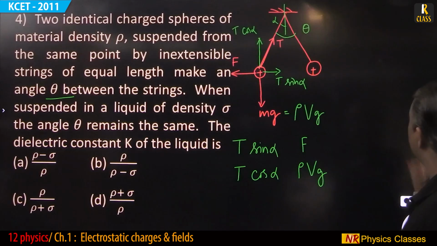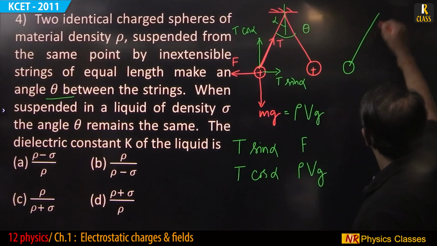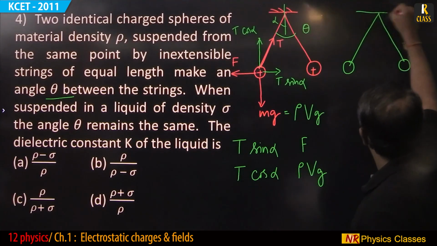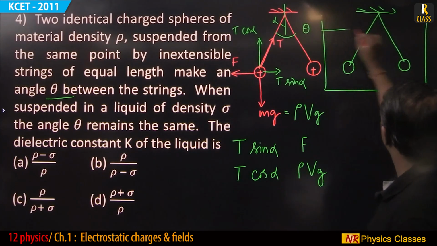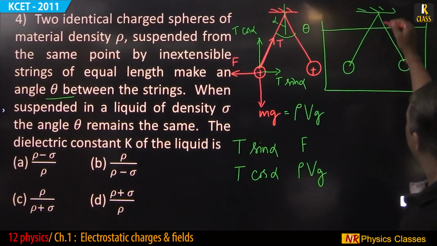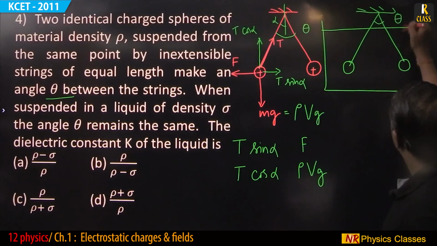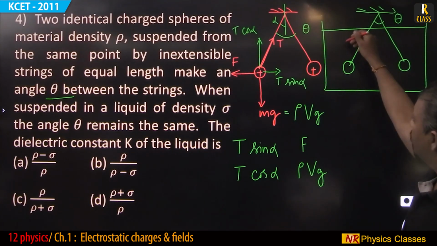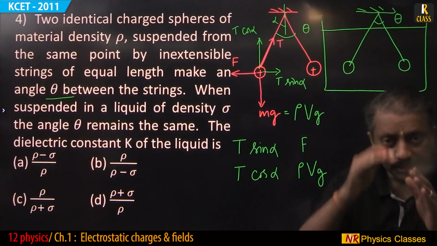Now, second case, these two spheres are in a liquid. This is a container with liquid. But still, this angle remains same, theta, theta. If it is a liquid with dielectric constant K, then the effect of force decreases.